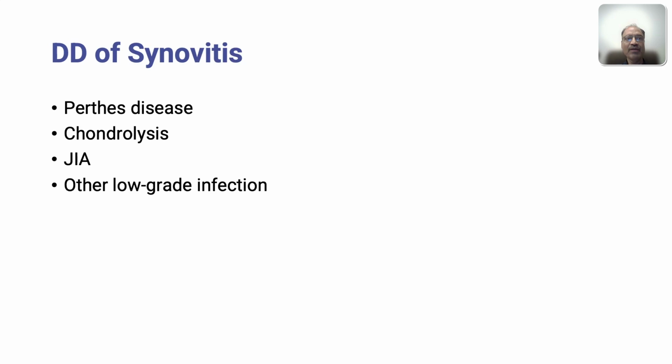Next slide. If we see a child with synovitis, whatever the common epidemiological disease, we have to keep tuberculosis in mind for any joint involvement. If the patient is from Southeast Asia or Africa, always keep tuberculosis as one of the differential diagnoses.